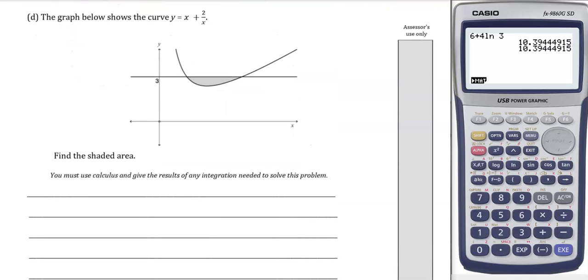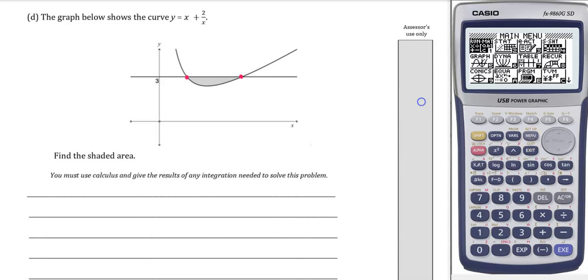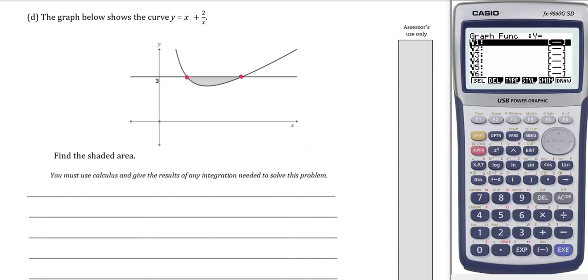Okay, for D, we have the graph below. Find the shaded area. So first of all, we need these intersection points. I'm going to use my graphics calculator to get that for me. So we've got the line x plus 2 over x, and y equals 3 is that straight line across.